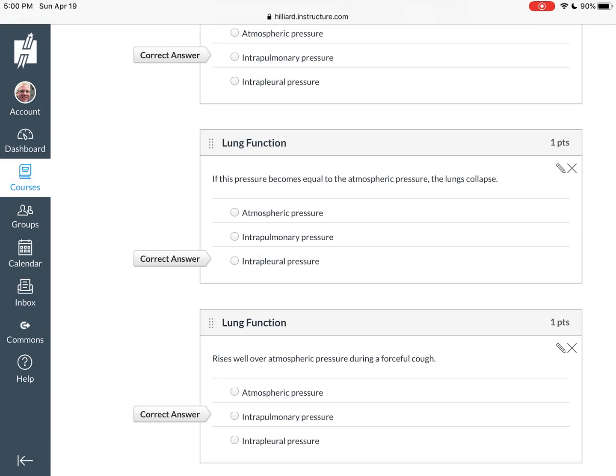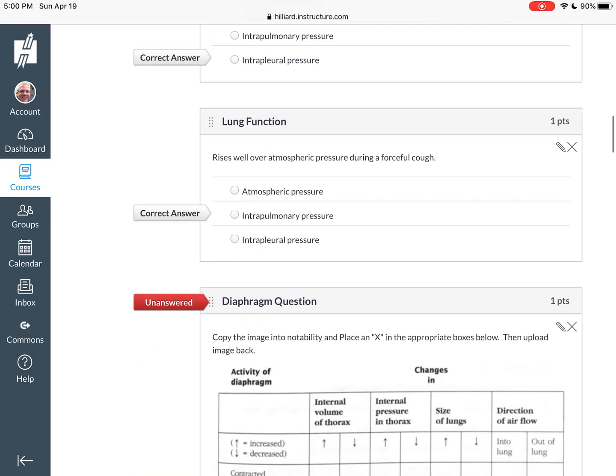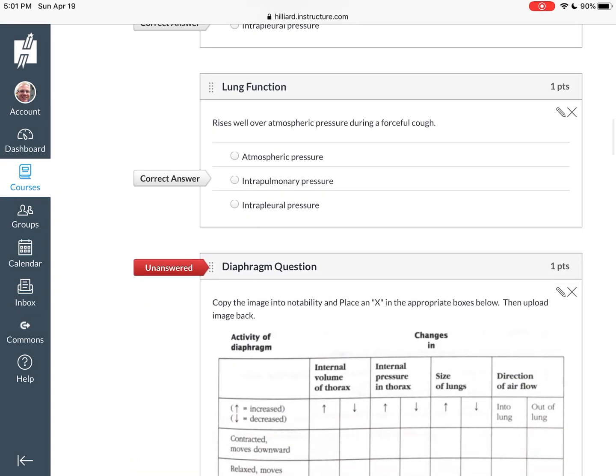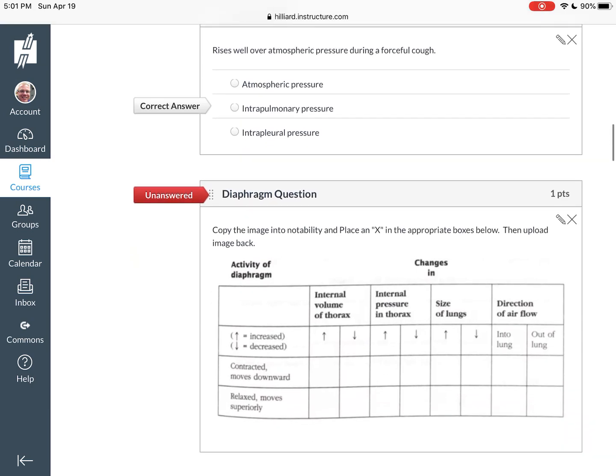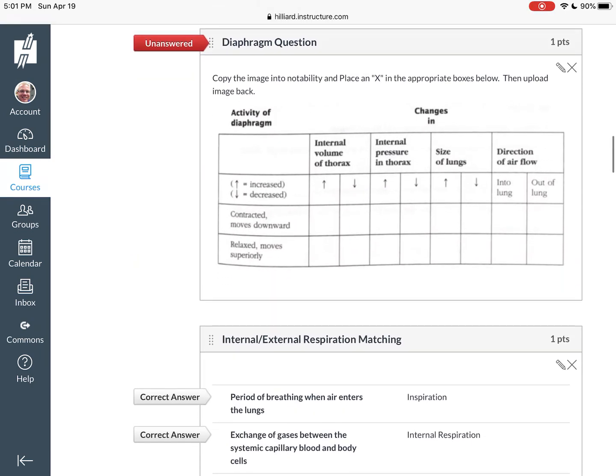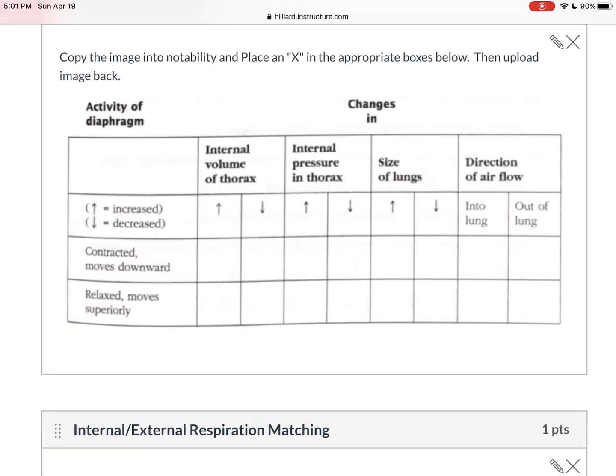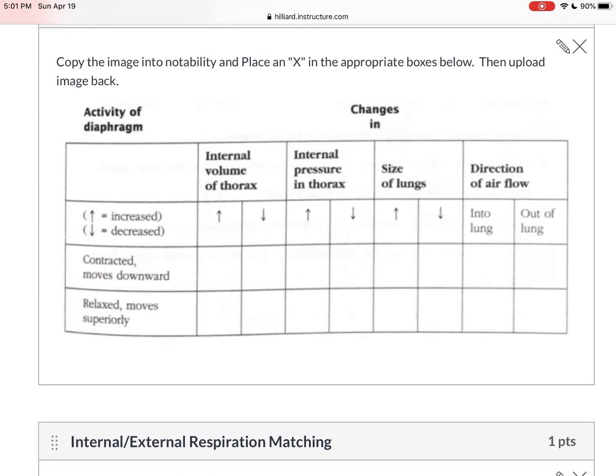It says if this pressure becomes equal to atmospheric pressure, the lungs collapse. That's going to be your intrapleural. That's the space around the lungs. And then the last one rises well over atmospheric pressure during a forceful cough. Again, that's going to be pressure inside the lungs, and hopefully that makes sense, and you'll see that come up later as well.